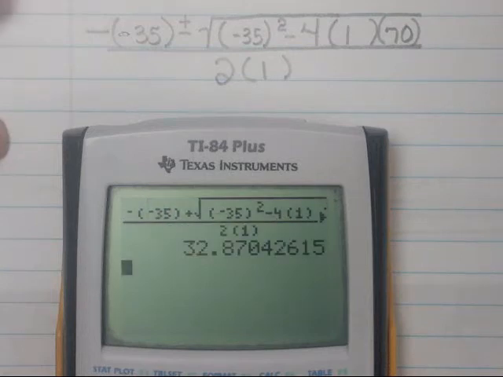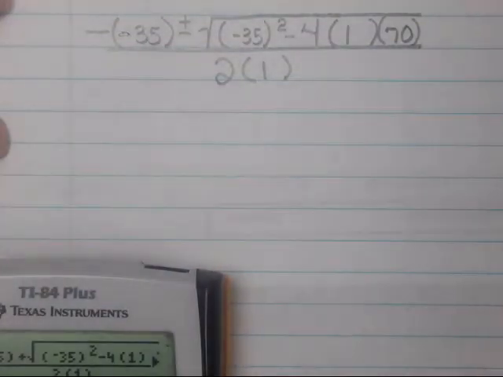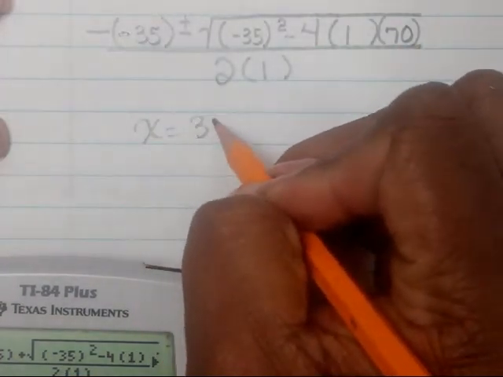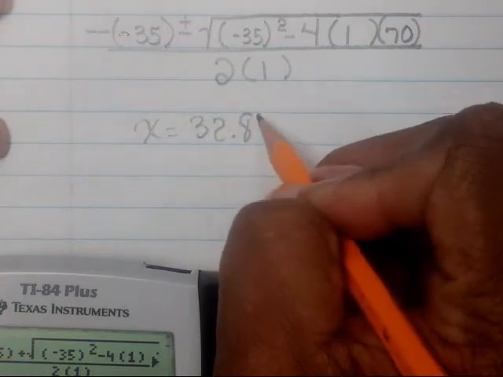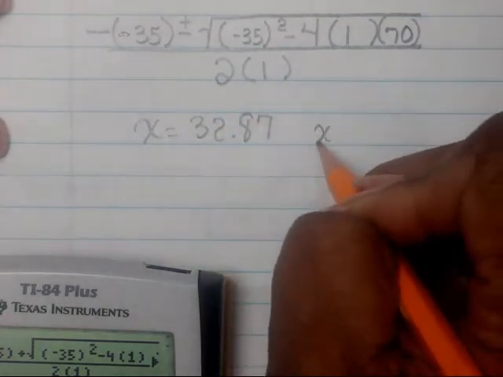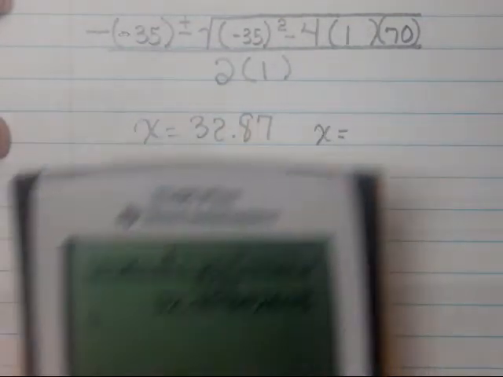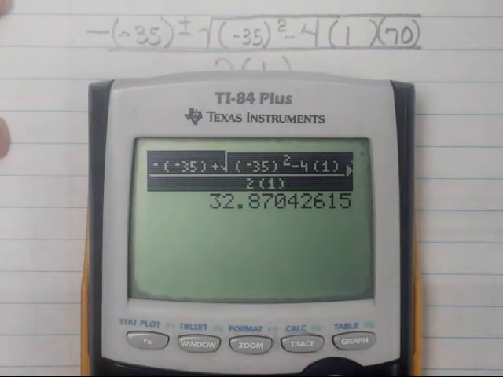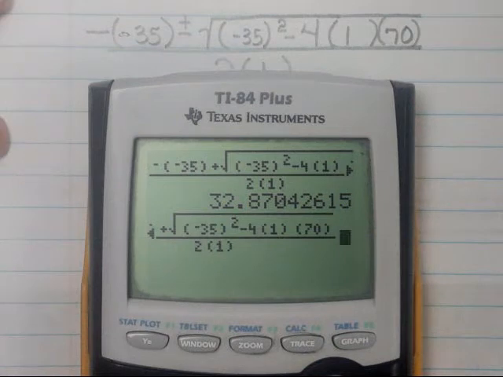This time I have a decimal answer, so I'm going to round it to the hundredths place, and so my first solution is x equals 32.87. For my second solution, I will highlight and enter, switching the plus with the minus.